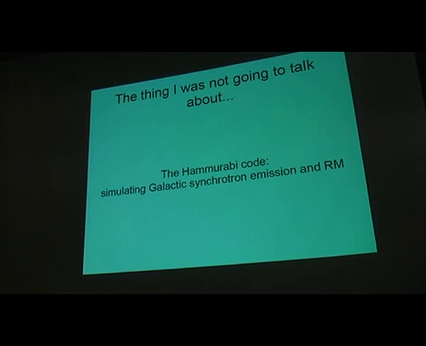Synchrotron physics is much easier to understand, and it is a very good tracer of the magnetic field. What we aim to do with that code is to have a tool capable of confronting models with observations, because out of this code we generate mock observations, which we then compare to real observations. And the second part we will see soon.